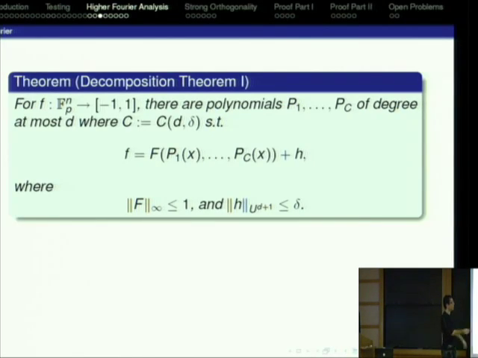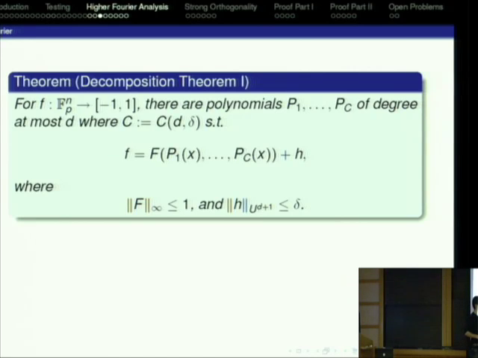And then you have polynomials P_1 to P_c, so their number is just a function of d and delta, and they are of degree at most d. You can decompose f in the following way: as a function of these polynomials plus some error term h. The first part is just a function of this constant number of polynomials, P_1(x) through P_c(x). And there is this h part.